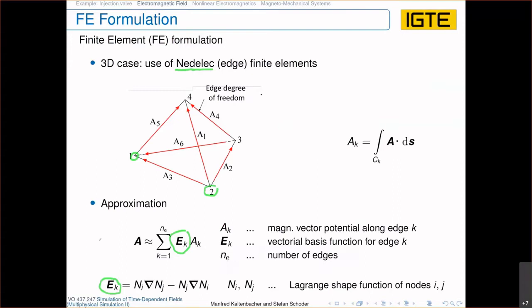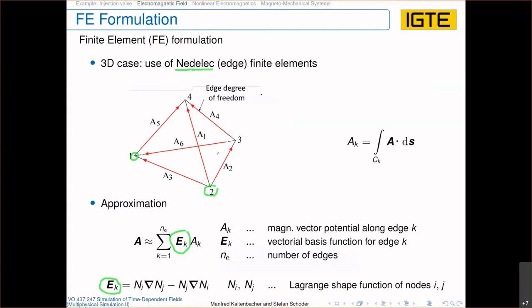So that makes things quite different, but what is now clear is the following. Since these basis functions and the unknowns are really the projections along the edges, when you have two elements and the two elements have different materials, then by definition the continuity of the tangential component of the magnetic vector potential is fulfilled. That is by definition, which we do not have for nodal finite elements.